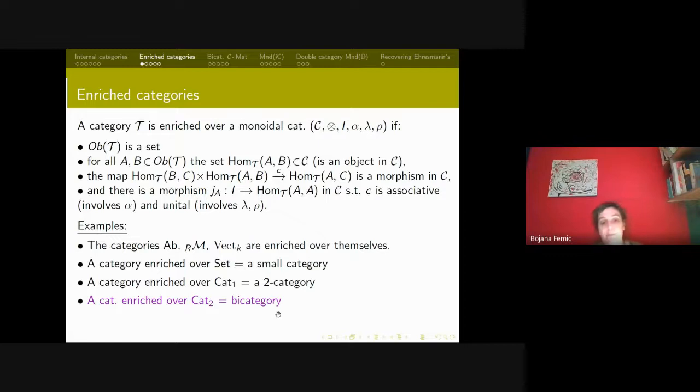The next example that I put here, I put in purple or lilac because it's actually a category enriched over a two category. And I already said what enrichment over a one category is. So here we have one dimension more. But when you look at hom sets and the composition, you will have the same things as in the previous example.